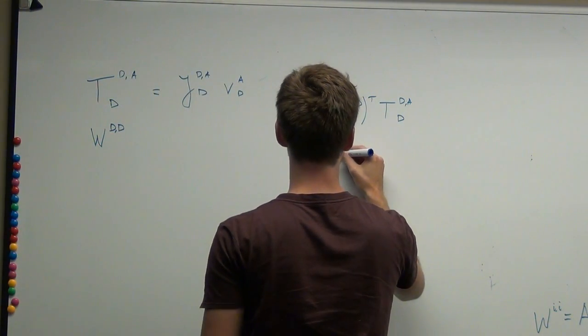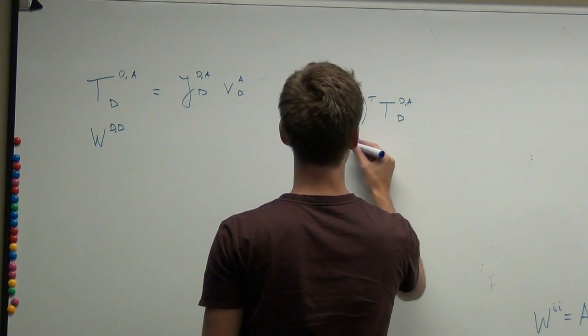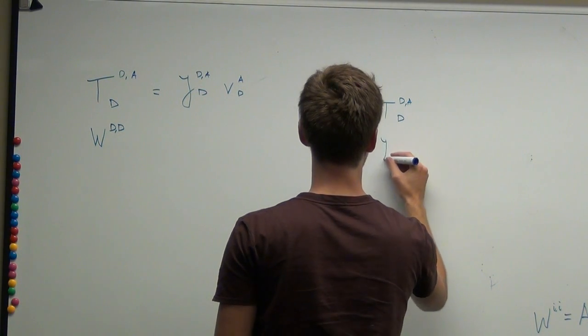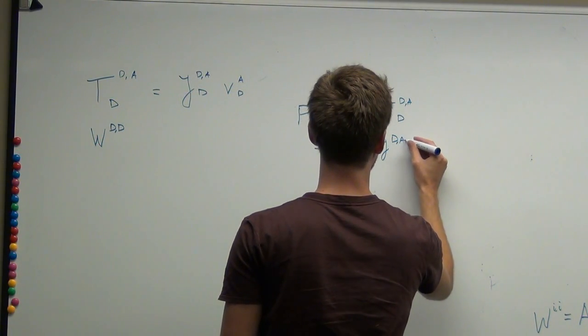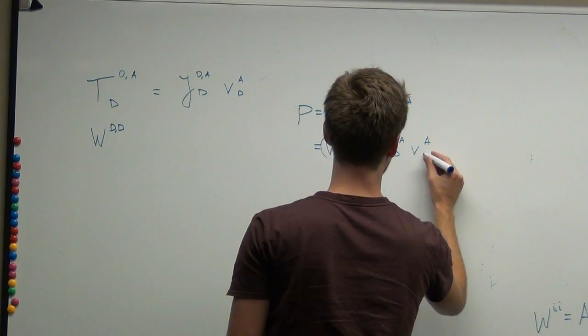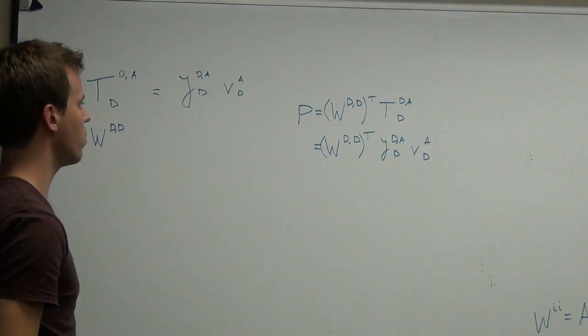So that's W D D transpose J D A D times V A to D. So that's one equation for power.